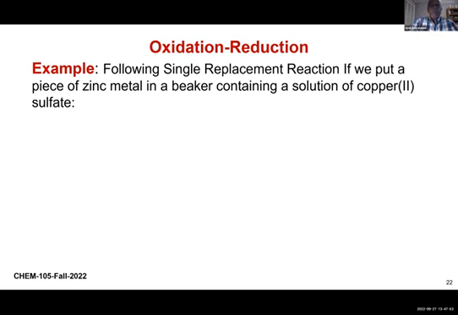Single replacement reactions are reactions where one element replaces another element in a compound. For example, if you react zinc with copper sulfate, zinc sulfate is formed and copper is given out.